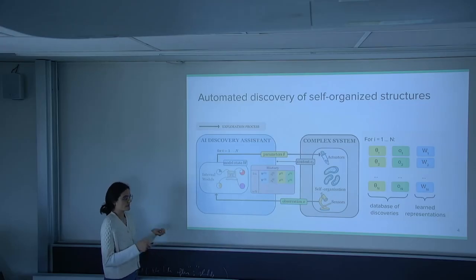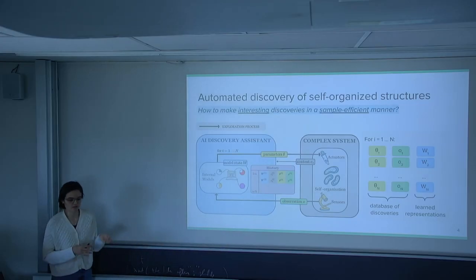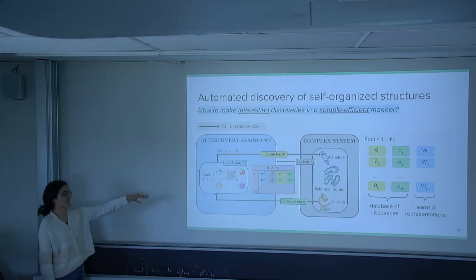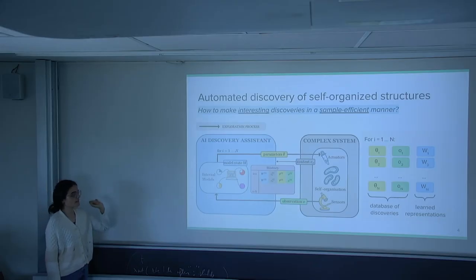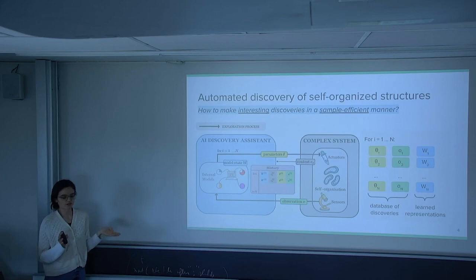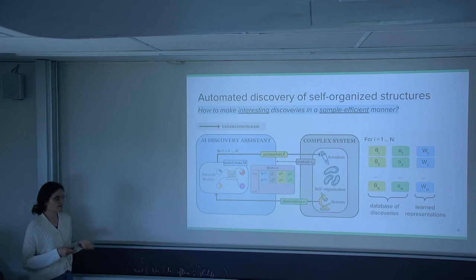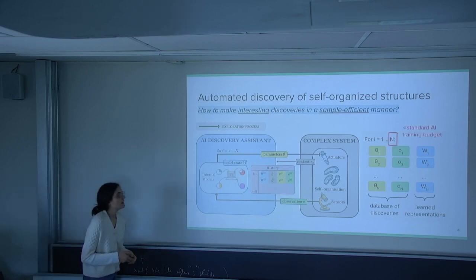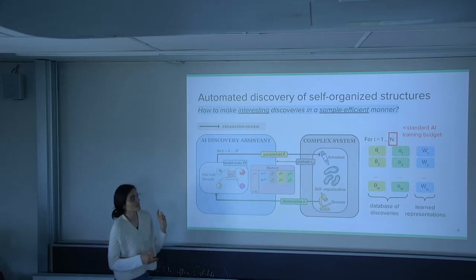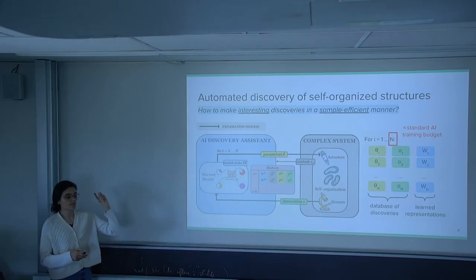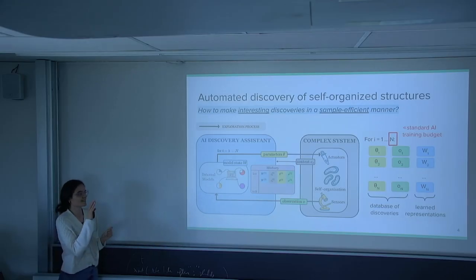The central question of my PhD is: what kind of decision-making should we put into our AI such that the database of discoveries is maximally interesting for the scientist who is exploring the system? Another important thing was the sample efficiency of the discovery, for two reasons.